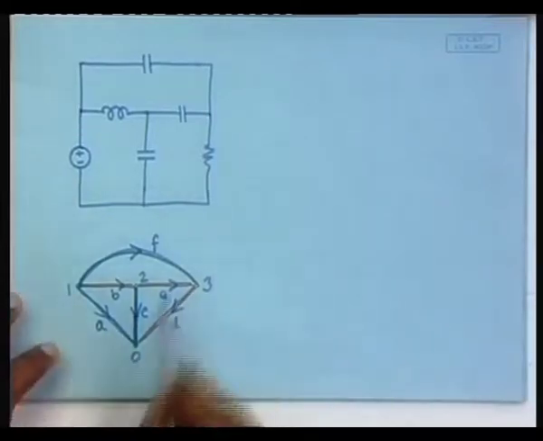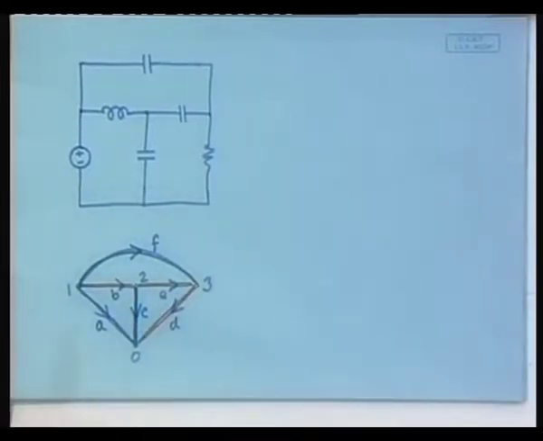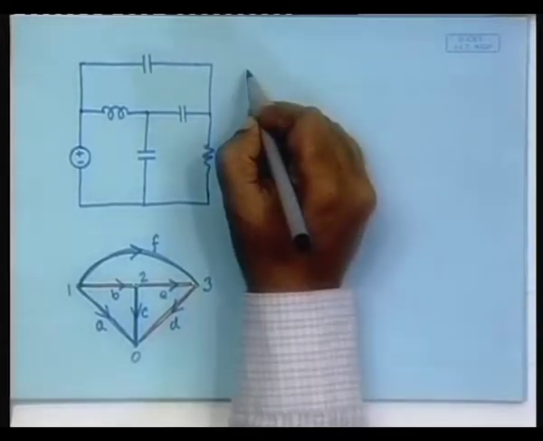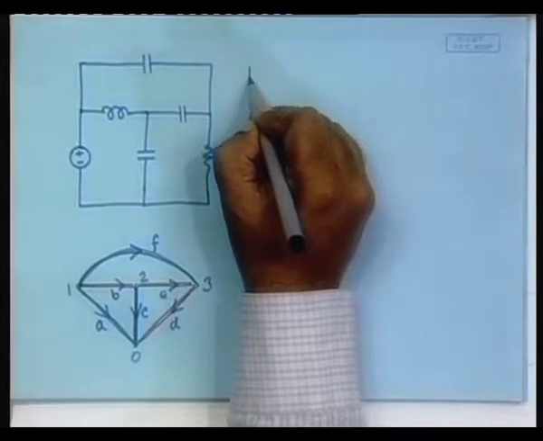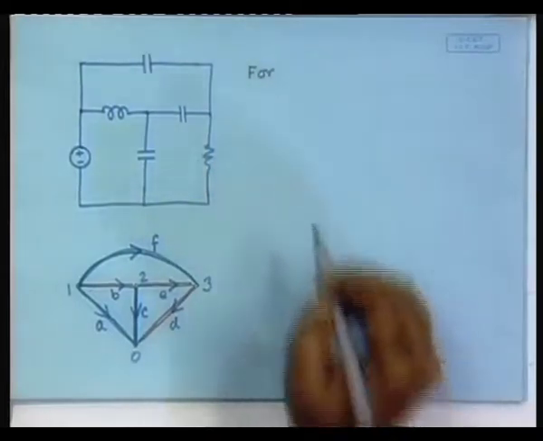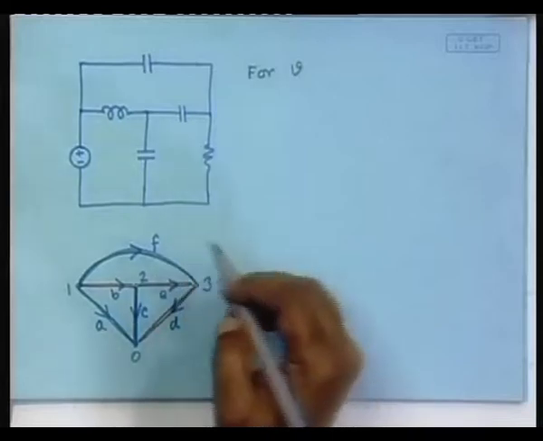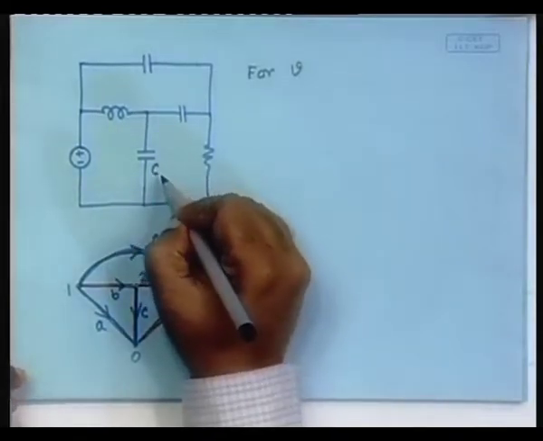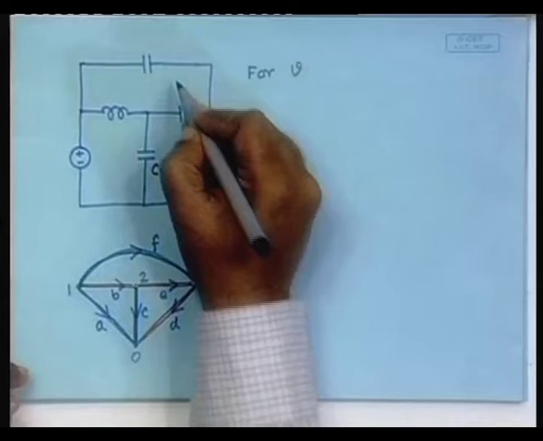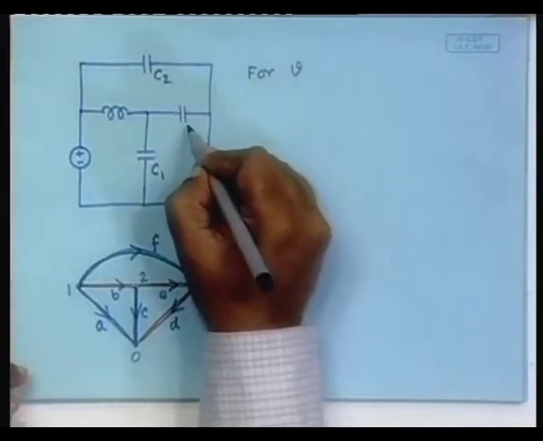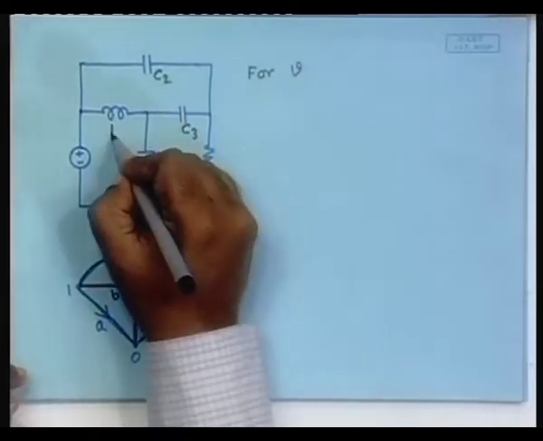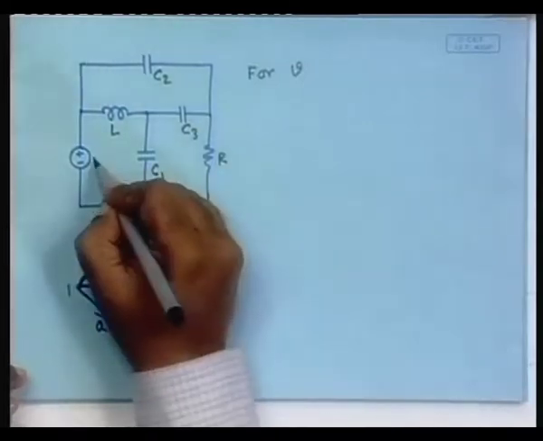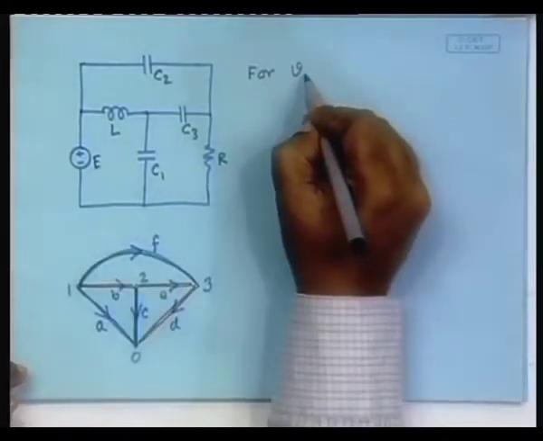So, once we have identified this structure, how do we start? We start writing by saying that my starting point will be, say, I am writing the equation for V. This is my C1, this is my C2, this is my C3, this is L, R, E. I am writing, say, for C1.